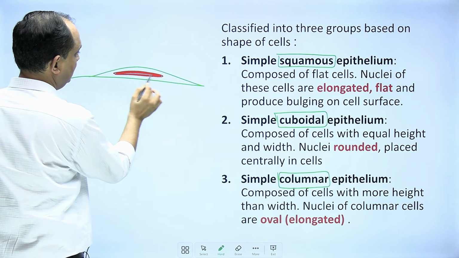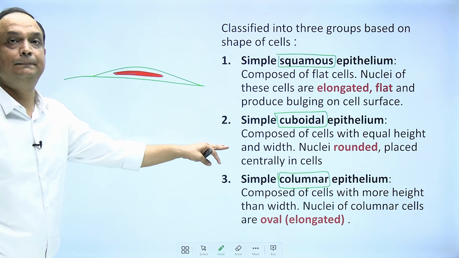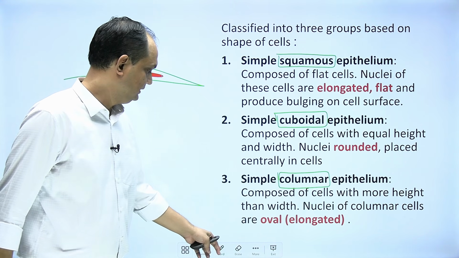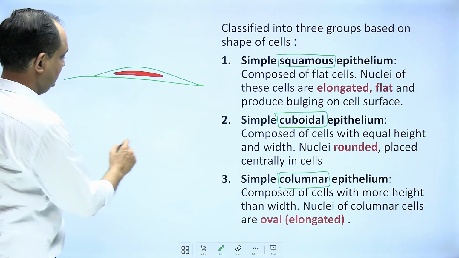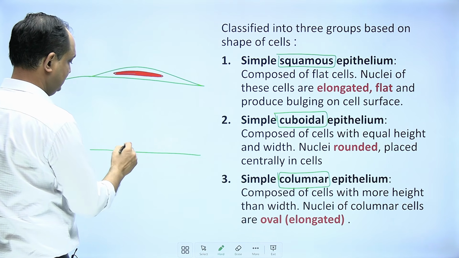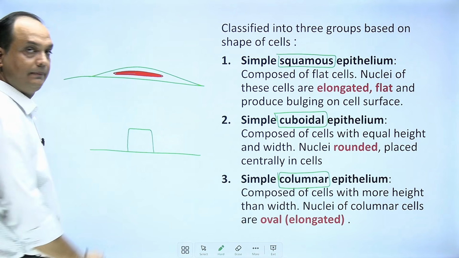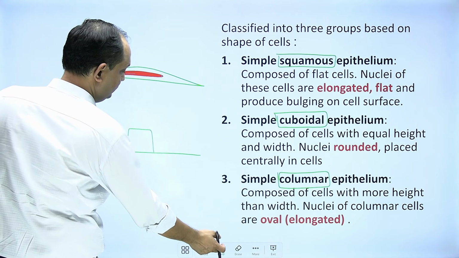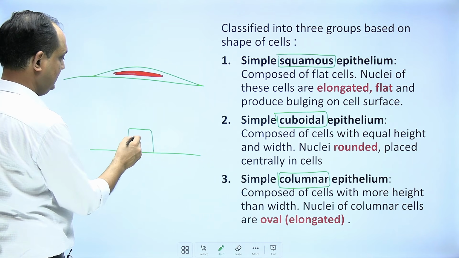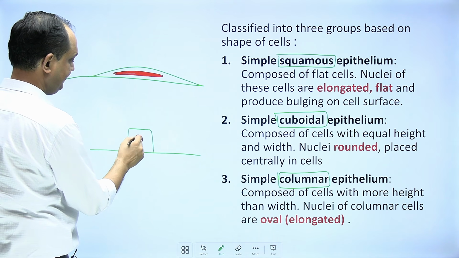Clear? Now when you have the simple cuboidal, what you understand is that the cell has equal height and width, and the nuclei are round and centrally placed.